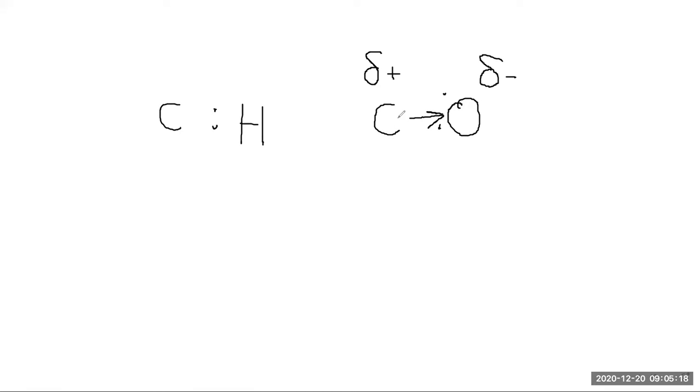Due to the polarity of the bond, in addition to the stabilization due to sharing of this electron pair, we have an additional Coulomb stabilization. This partially positive atom is attracted to the partially negative atom, and that makes this bond more stable than this.